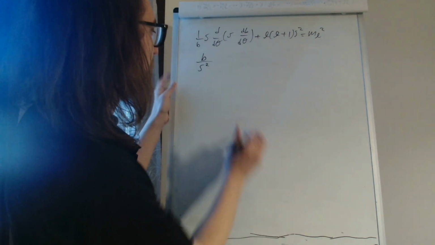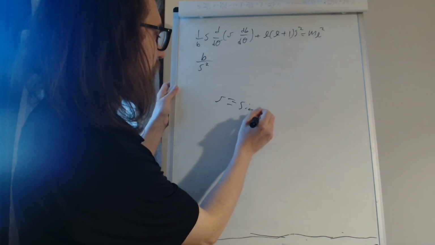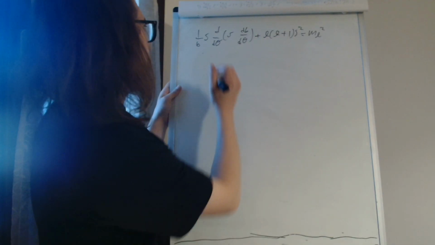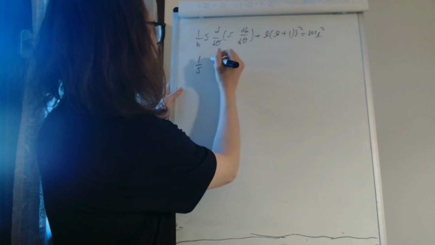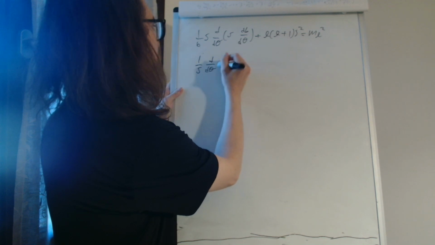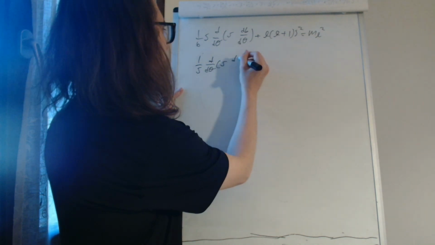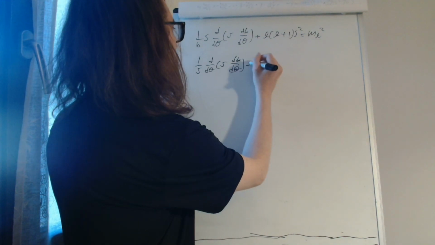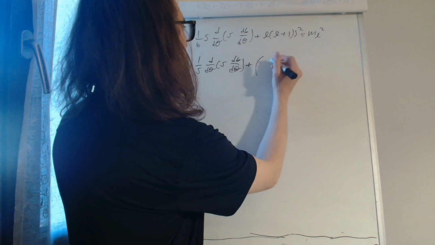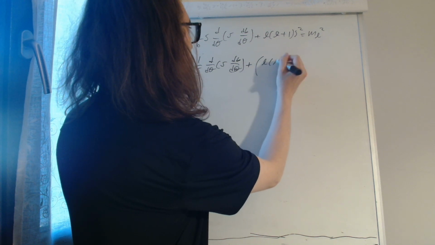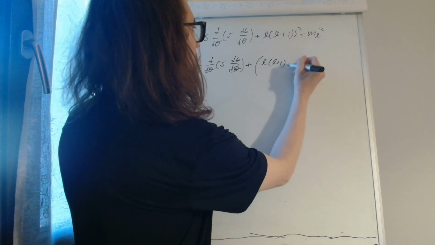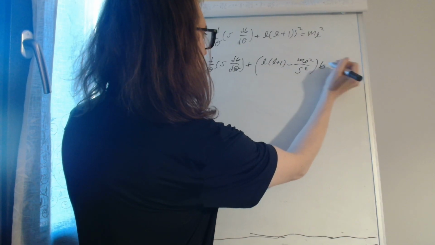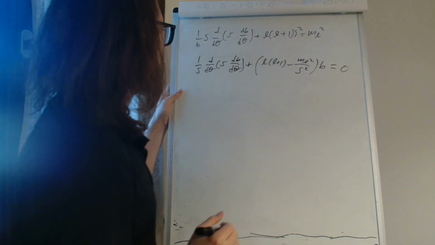Remember that with s I mean sine of theta, it is just faster to write, and we get 1 over s, d in dθ of s dΘ in dθ, plus L times L plus 1 minus ml squared divided by s squared, times Θ, equal 0.